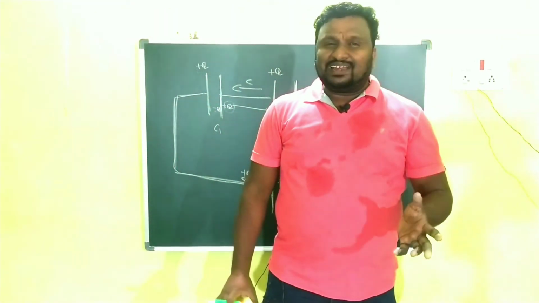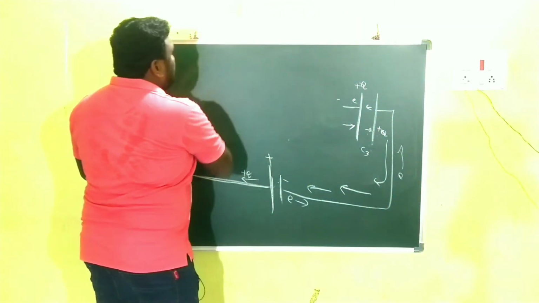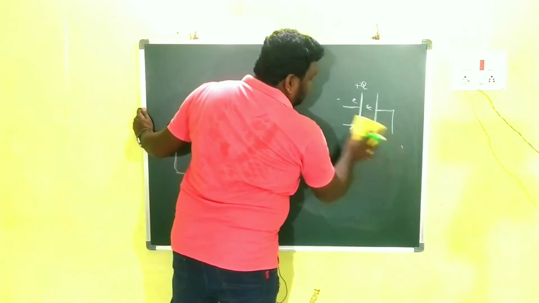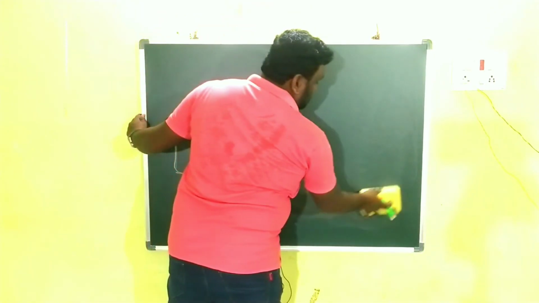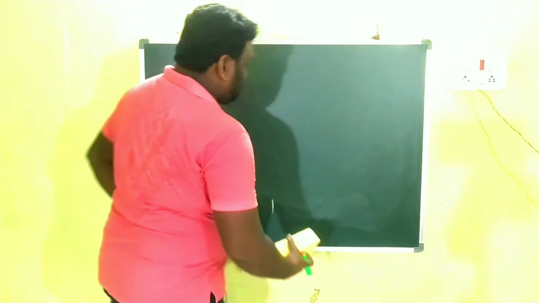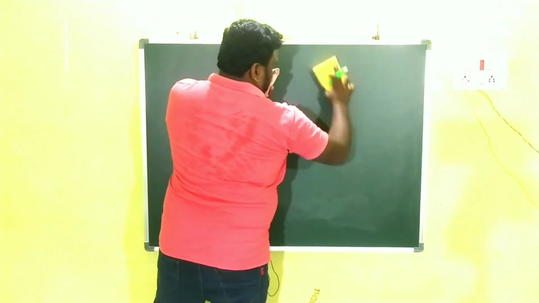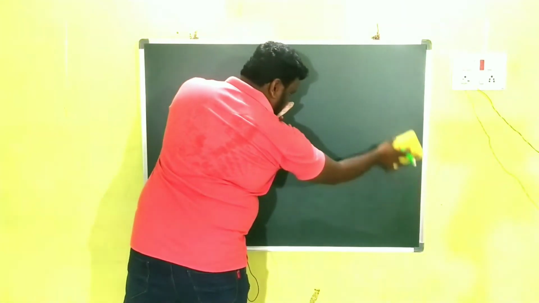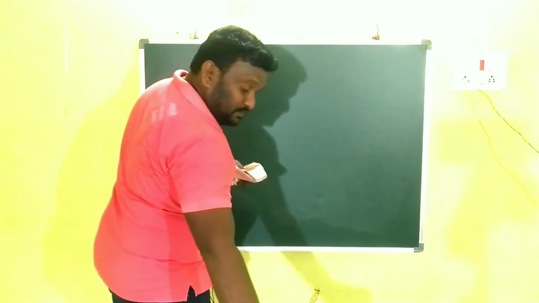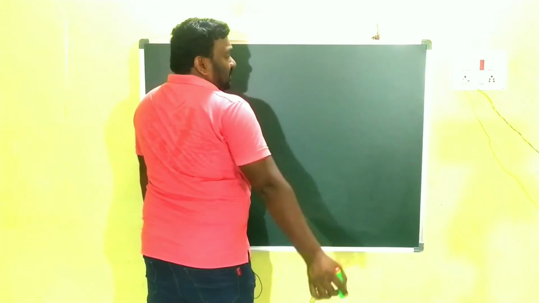So to understand very clearly, I explained like this. If you want it in a very simple manner, you have to follow this one. So children, I am doing this simply for average and below average students to understand.